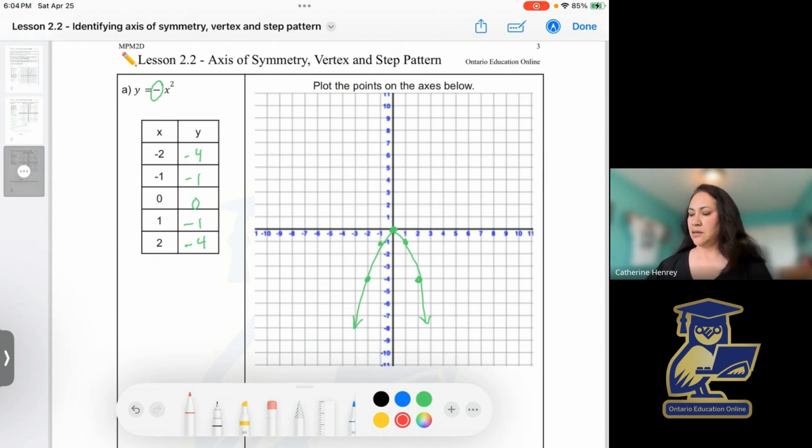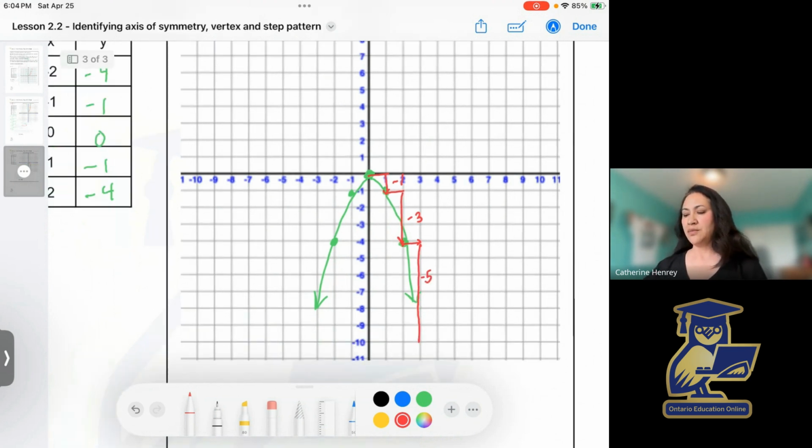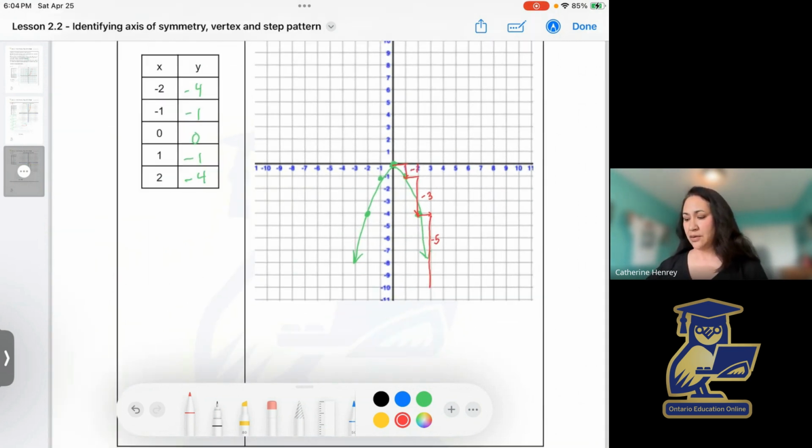So let's get in close here and take a look at the step pattern. If we go over 1, we come down 1. And if we go over 1 more, the change is a -3. If I go over 1 more, the change will be a -5. So let's compare this step pattern.